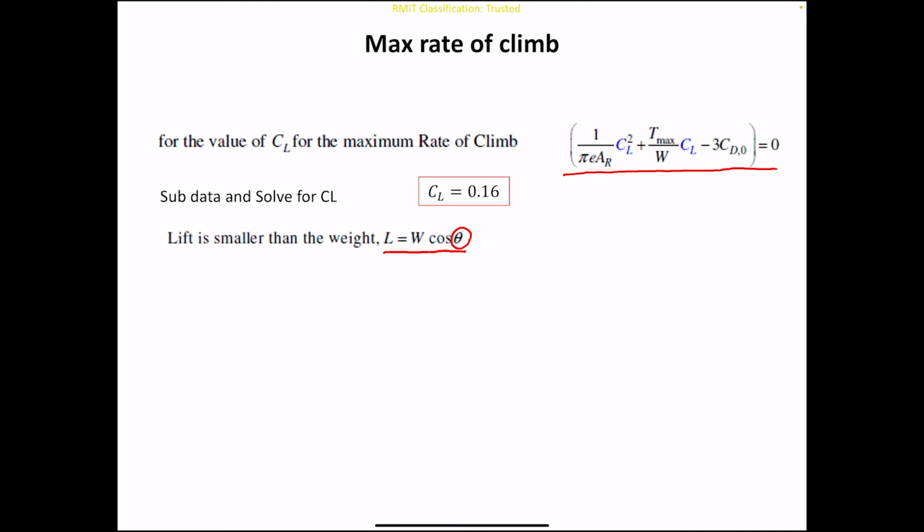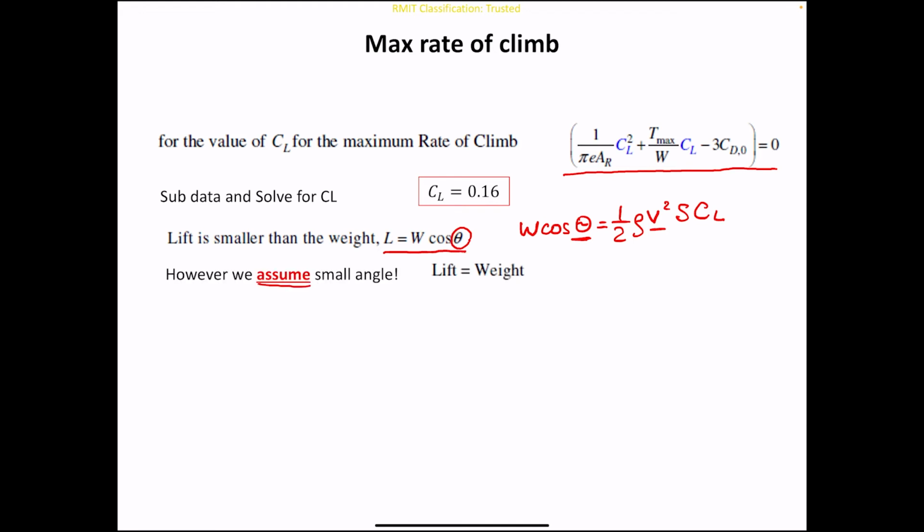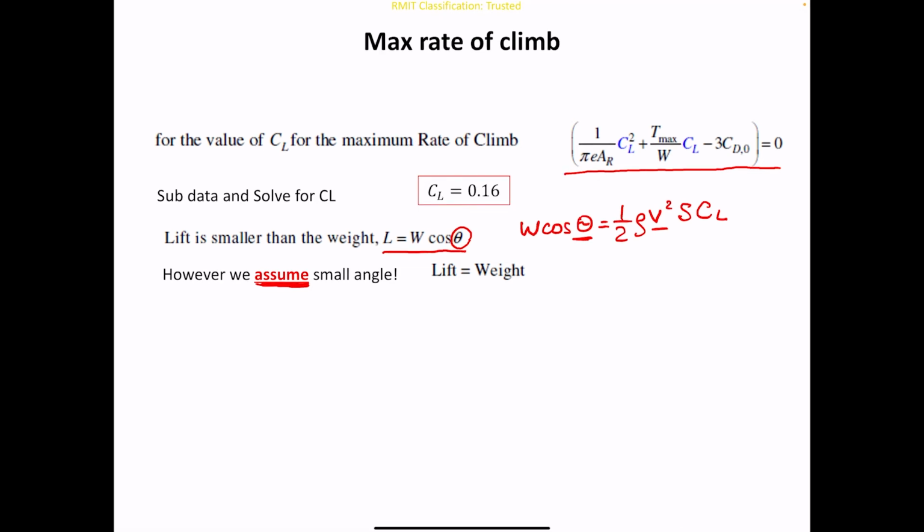So if we rewrite this equation, we get W cosine theta equal to 1/2 rho V squared S CL. You see, we don't know the angle of climb and we don't know the velocity. So we are going to assume that the angle is small and lift is equal to weight. We remove the unknown angle from the equation right now. It will come back later.